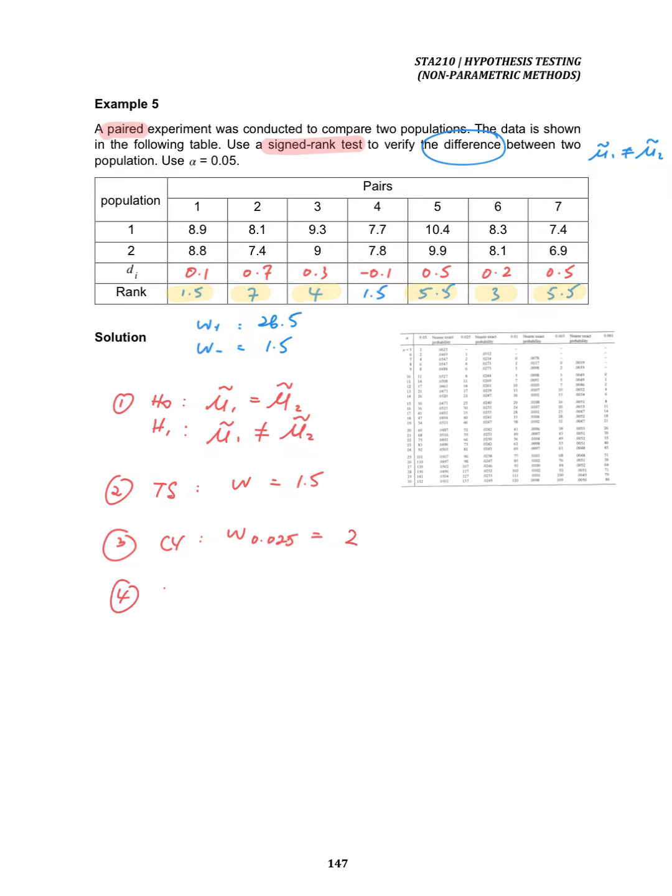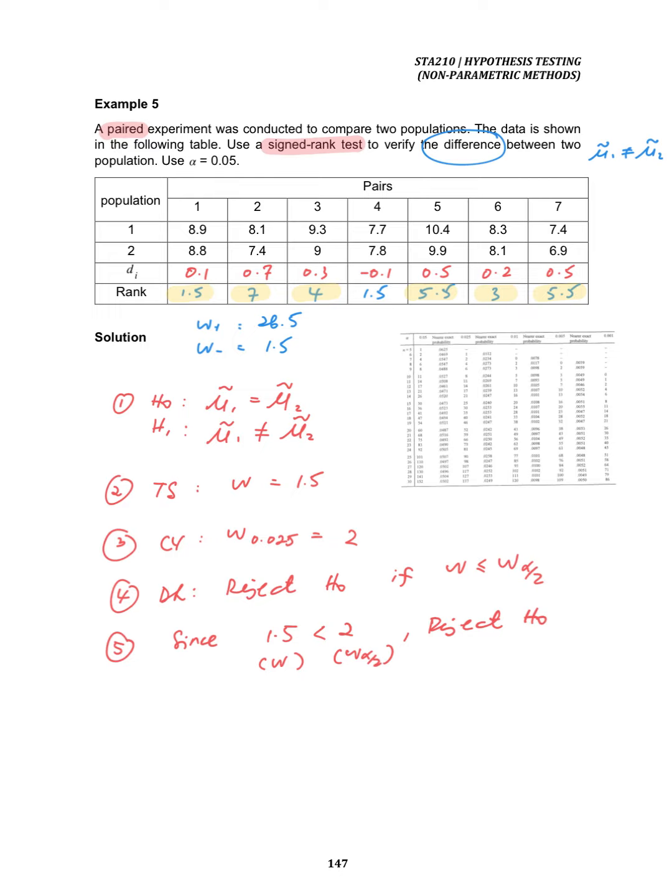Step number 4, the decision rule. Reject H0 if test statistic less than or equal to critical value, ataupun reject H0 if W less than or equal to W alpha over 2. Since W is 1.5, less than 2, we reject the null hypothesis.